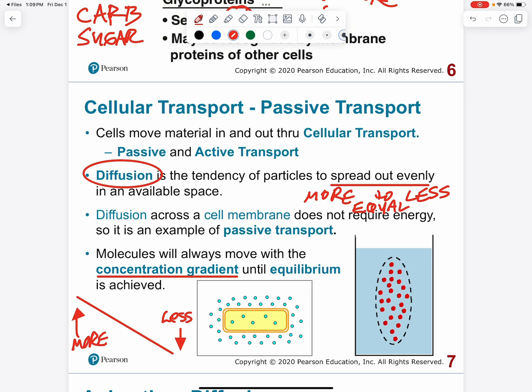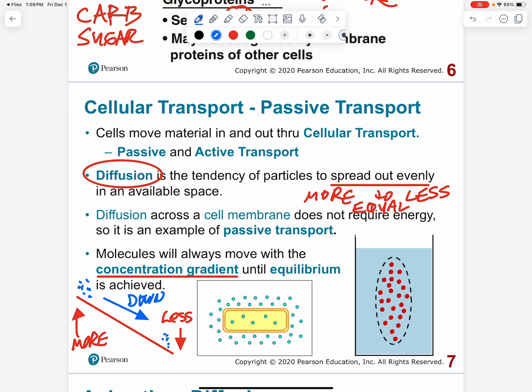So now if I put an arrow here, this is going down the concentration gradient. From where there's more dots like there to where there's less dots right there. That is called going with the flow, or going down the concentration gradient.